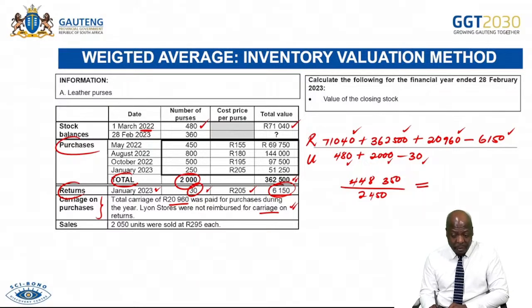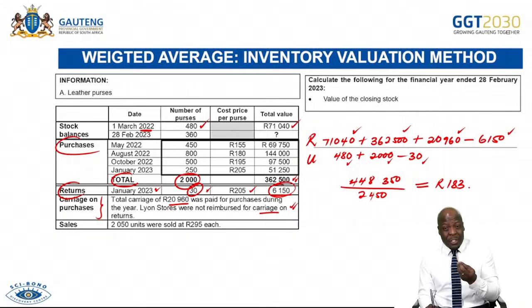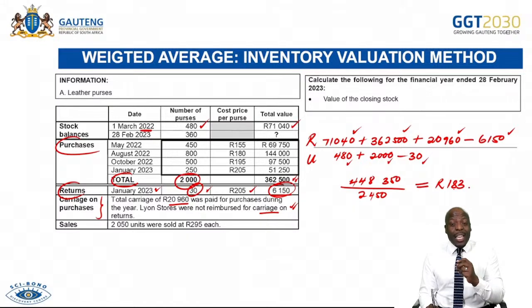Then we divide this now. It will give us what is known as the average price per unit. So we have calculated the average price per unit. How much is that average price per unit? 183. So on average, each unit is costing 183.